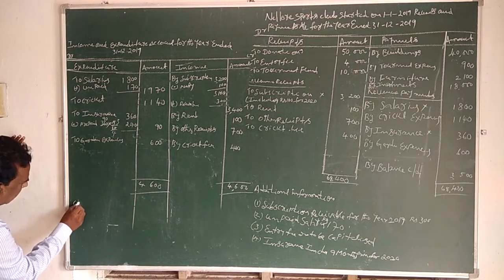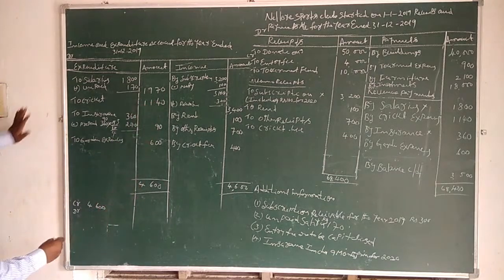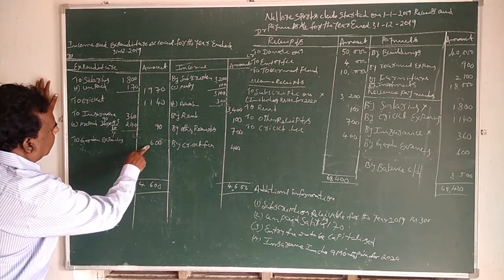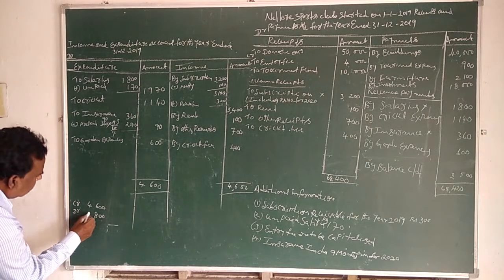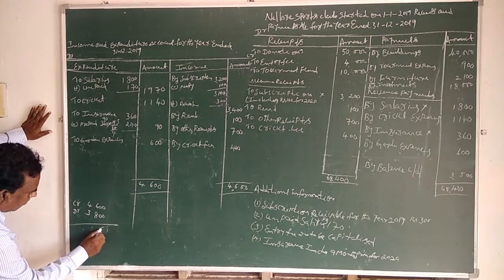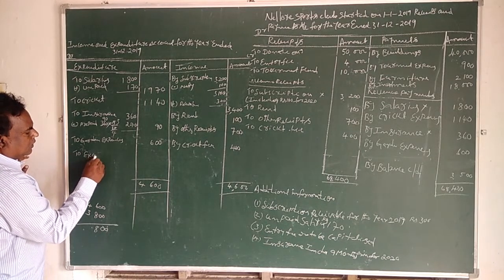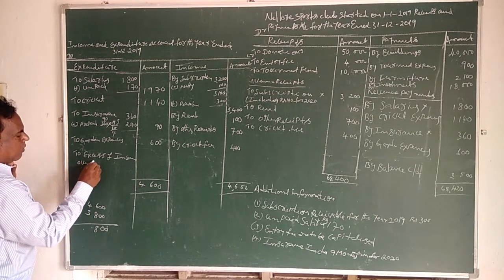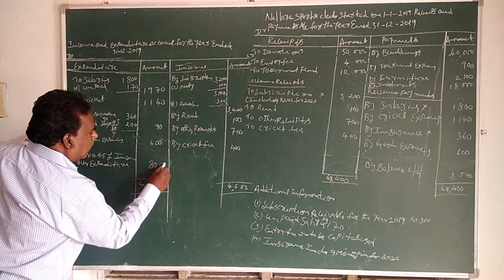Here the credit balance is 4,600 and the debit balance is 3,800. So 800 is the surplus: to excess of income over expenditure, 800 only.